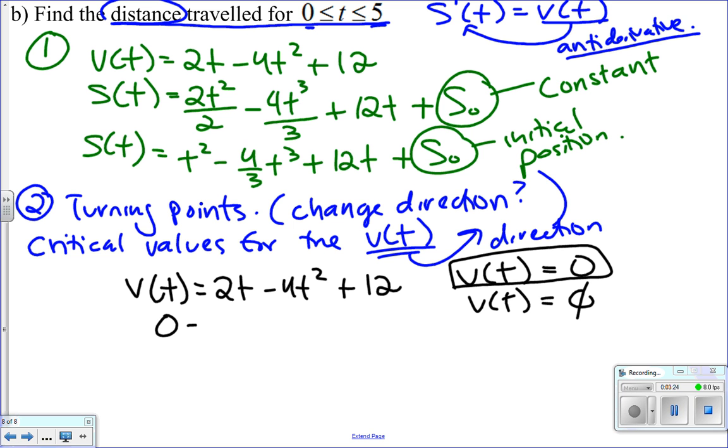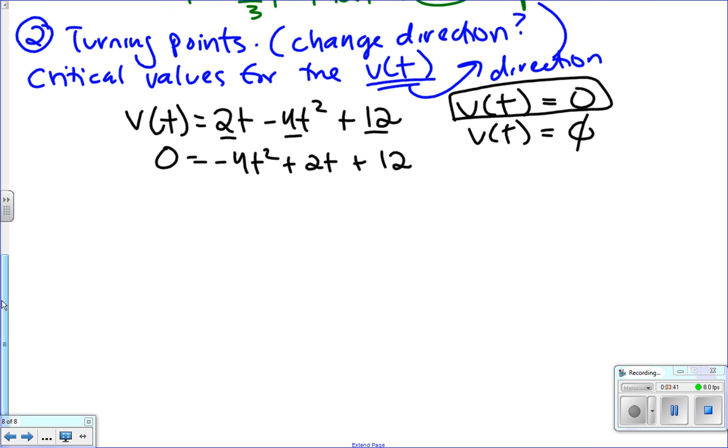So 0 is equal to 2t minus 4t squared. We do have a quadratic here. I'm going to list it in descending order by degree: negative 4t squared plus 2t plus 12. To find the critical values, you need to do some factoring here. First thing I would do is take out a negative 2.